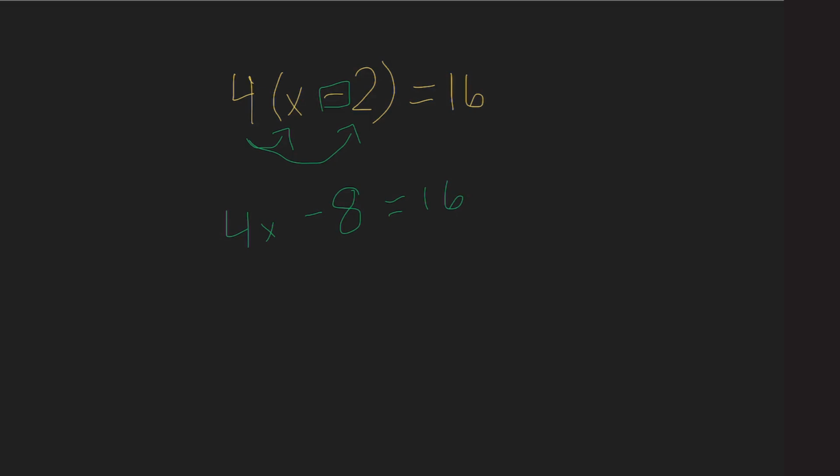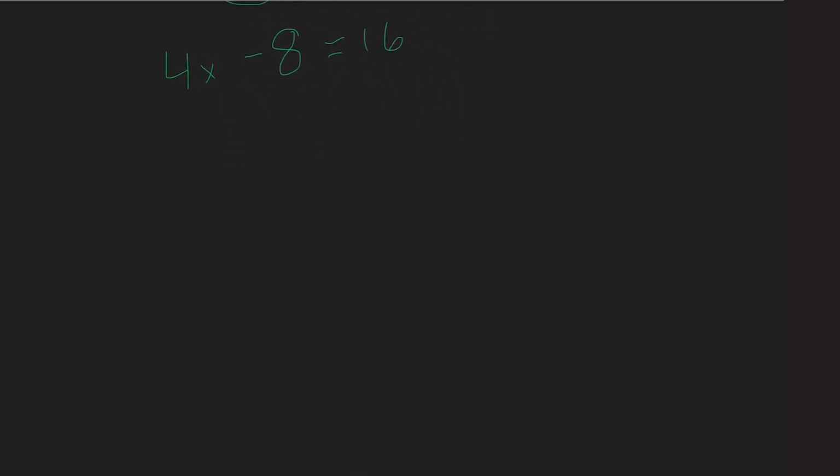And then we have to do the two-step equation part of this. So let's get some more room and do it. We have to add 8 to both sides since this is subtracting. So these two cancel out. 16 plus 8 equals 24.